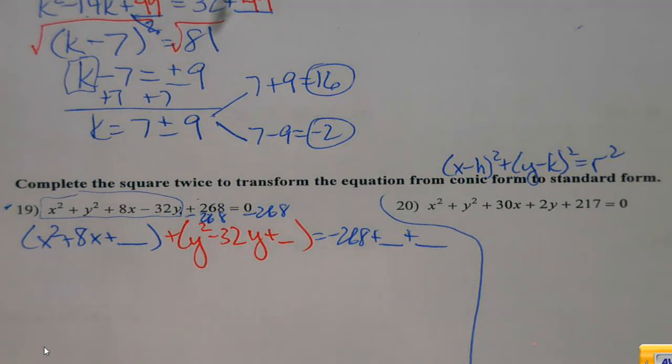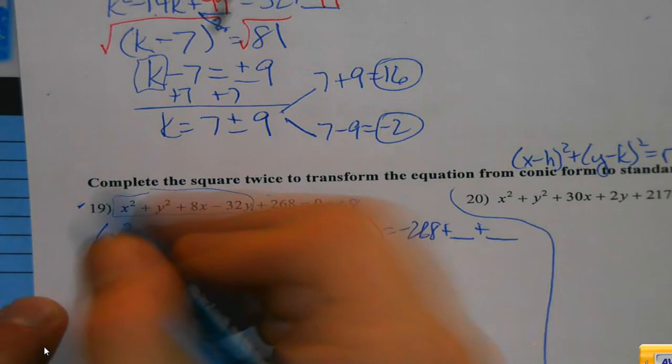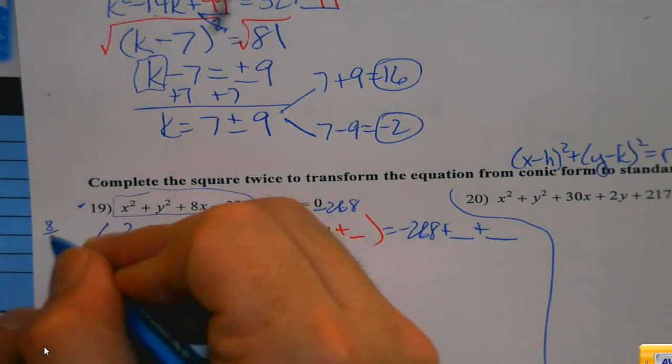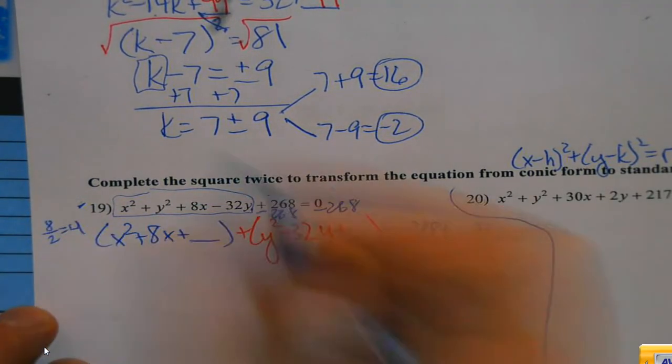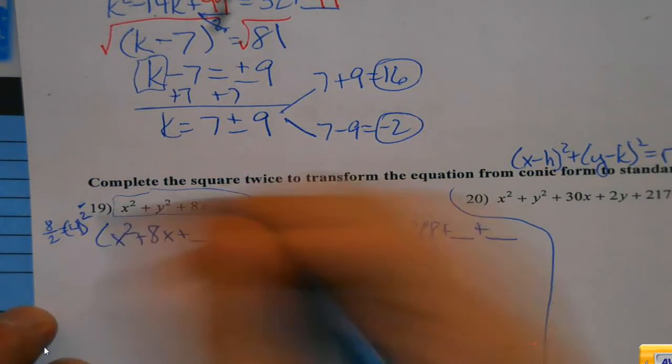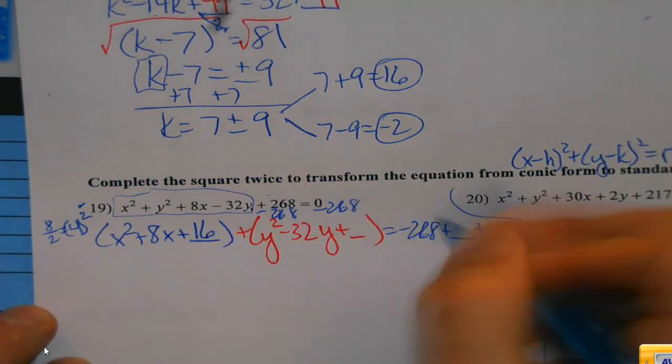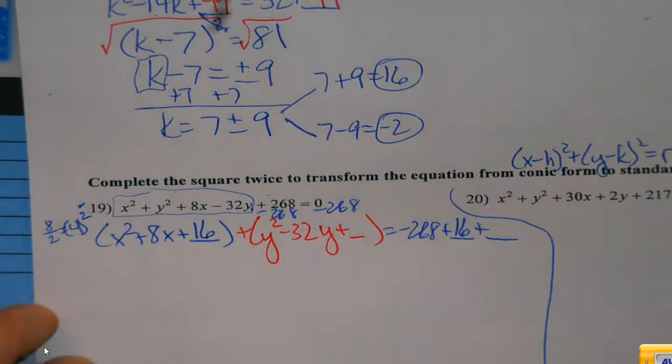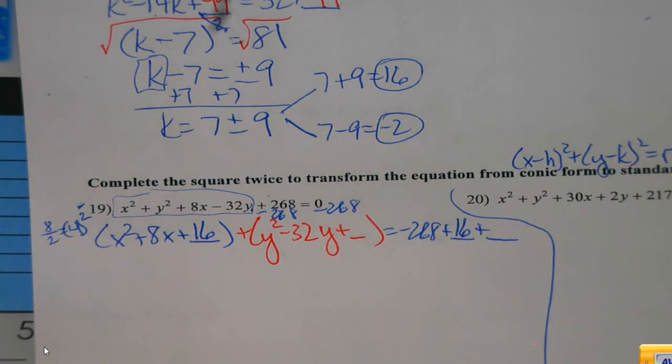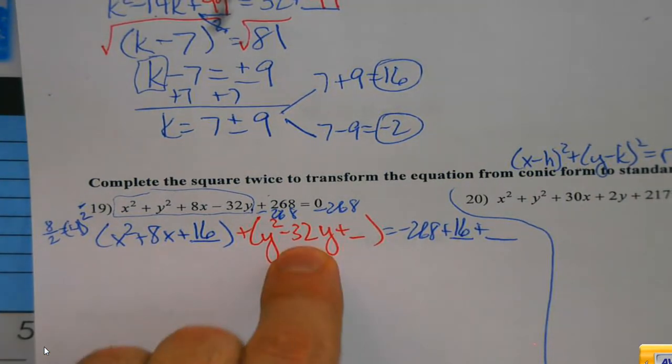Because now I'm going to do a little bit of side work. I'm going to come over here. All right, 8 divided by 2 is 4. 4 squared is 16. I get those in. I do my side work for y.